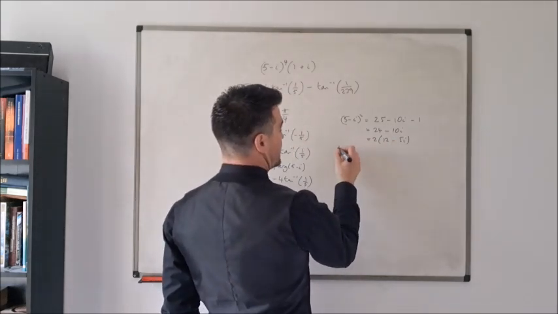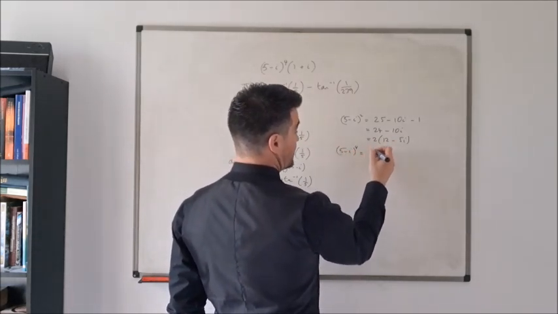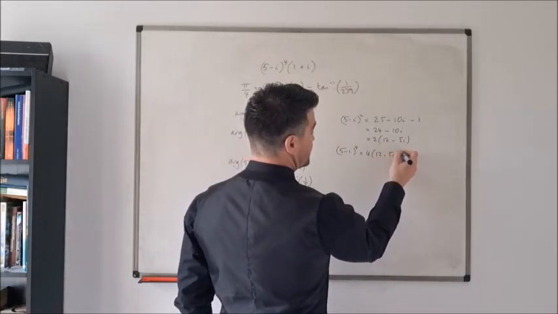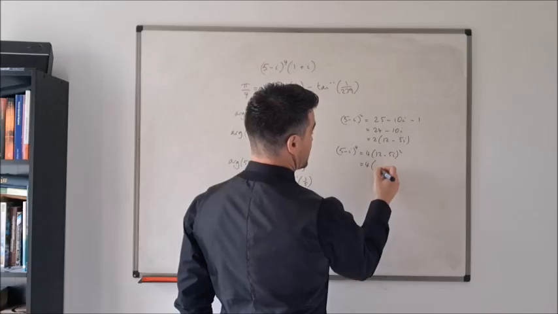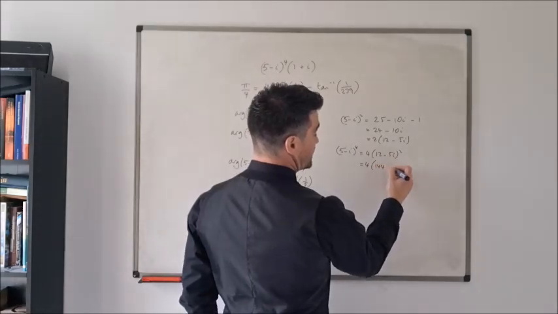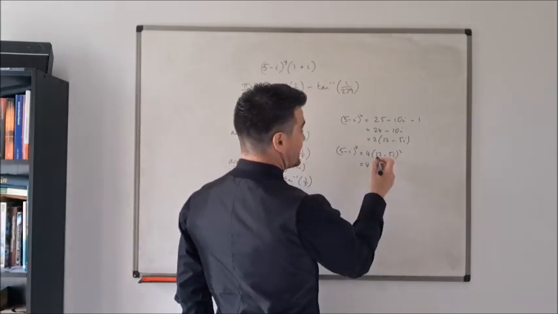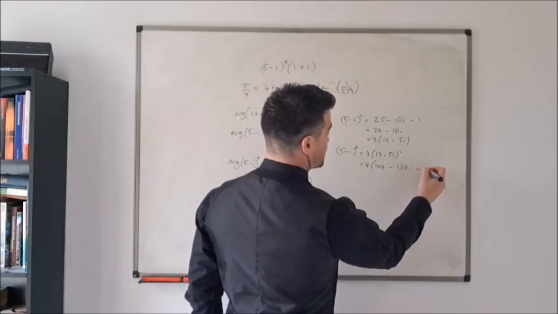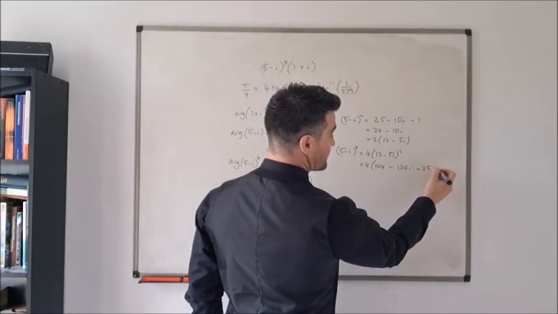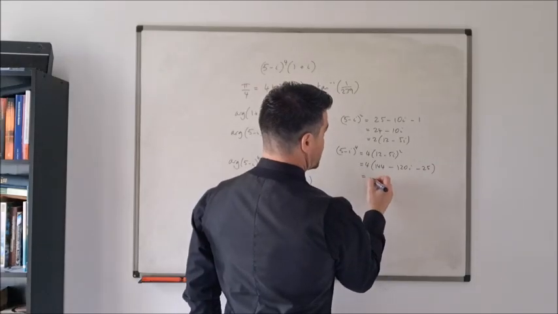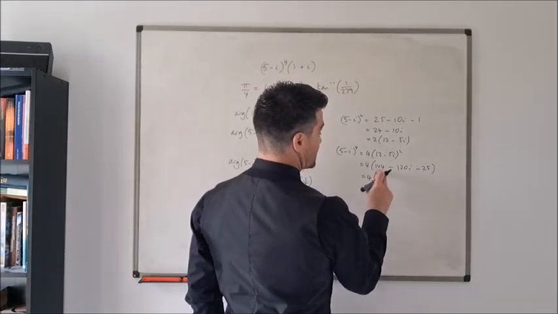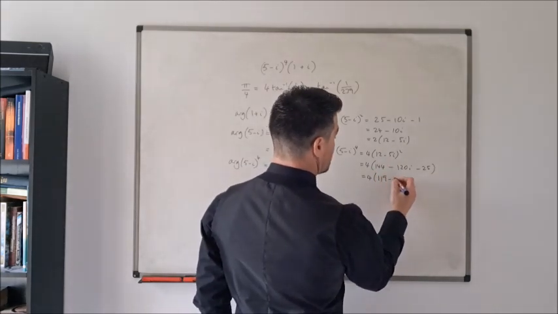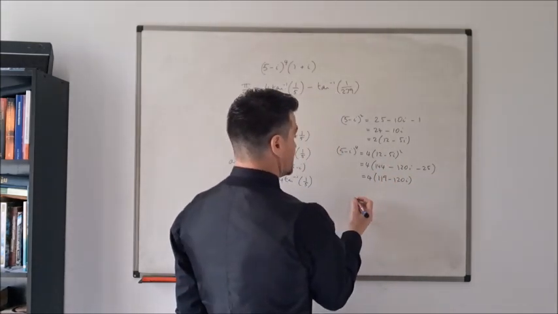So (5 minus i) to the power of 4 is going to be this squared, which is 4 times (12 minus 5i) squared, which is 4 times (144 minus 120i minus 25), which is 4 times (119 minus 120i).